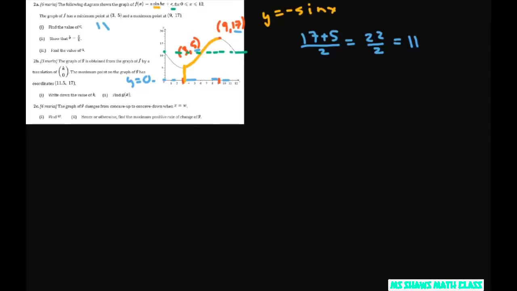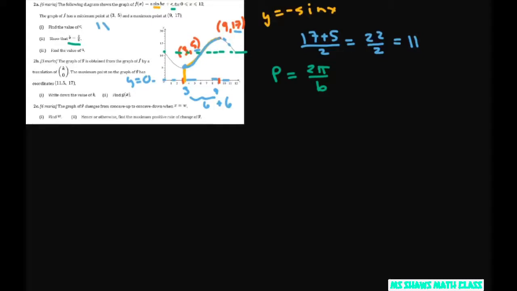All right, show that b equals pi divided by 6. So now your period equals 2 pi divided by b. And the period we can look at, we know we have half of a wave from 3 to 9. So this is 6. So we have to add 6 to get the full period.